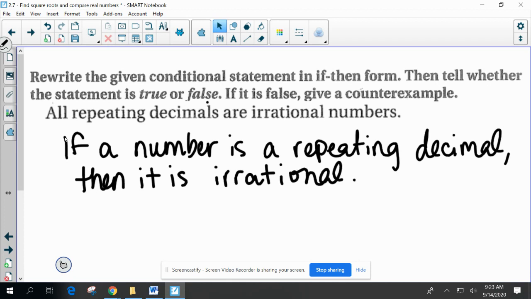Okay, true or false? Peyton? True. If it's a repeating decimal, it's irrational? Oh, wait. No, it's false. False. And what's an example of a repeating decimal that's rational?